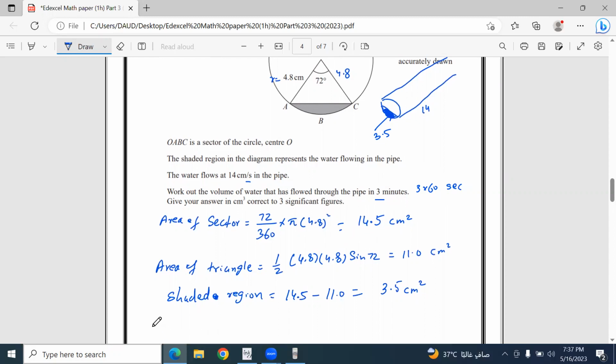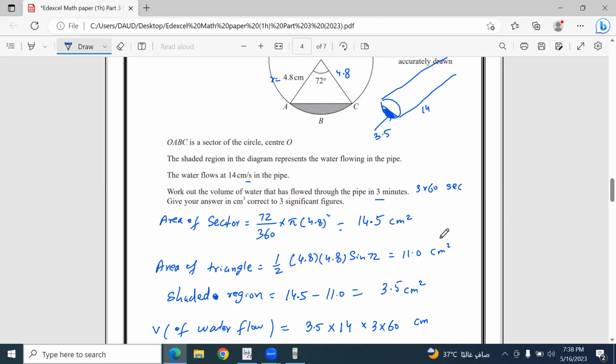So I will say that volume of water flow is equal to the area of cross section, which is 3.5, multiply the length, and this is for per second. Then for 3 minutes, we can say 3 into 60. This is centimeter.